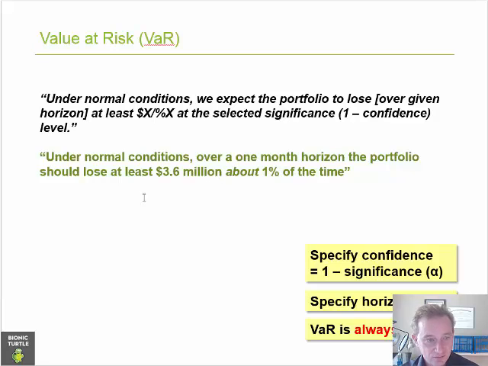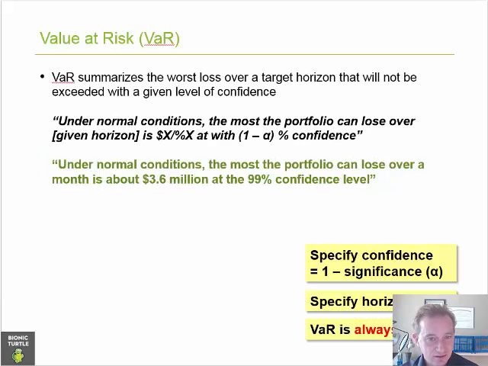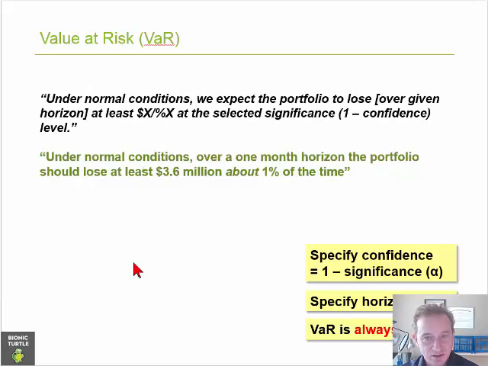So notice it's actually mathematically equivalent to this statement with a 99% confidence. But here, semantically, I'm emphasizing the fact that value at risk does expect to be exceeded, or we expect losses to exceed our VAR, in this case, about 1% of the time. So not very often, but sometimes.